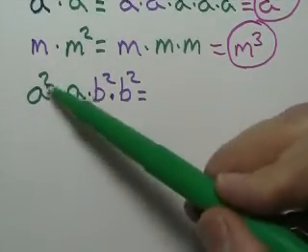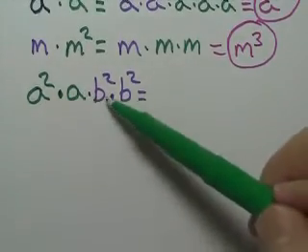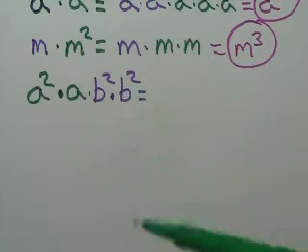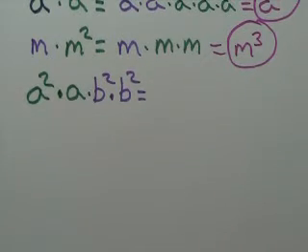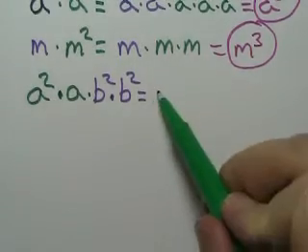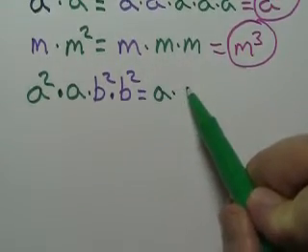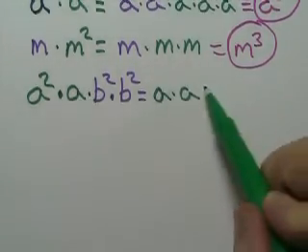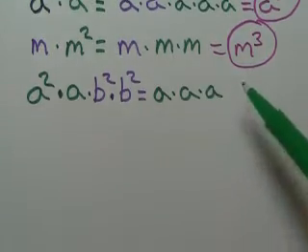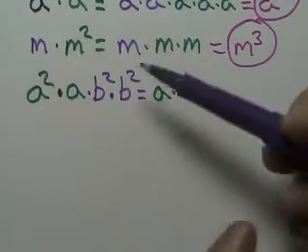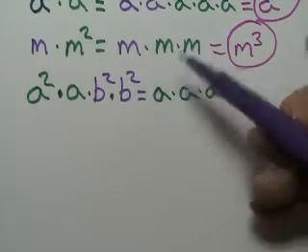So next example, a squared times a, and times b squared times b. So let's see, I have 2 a's here, and then another a. Now I'll do the b's. I have 2 b's, and then another 2 b's.